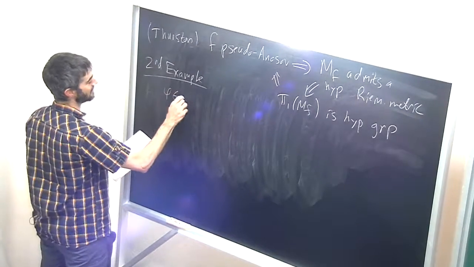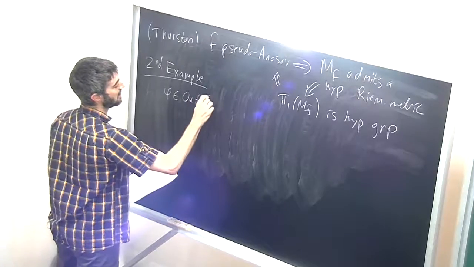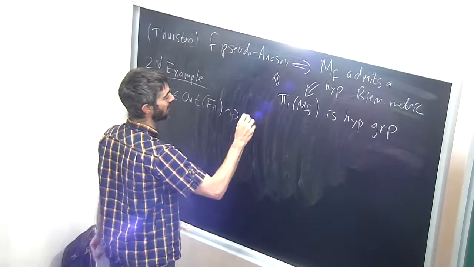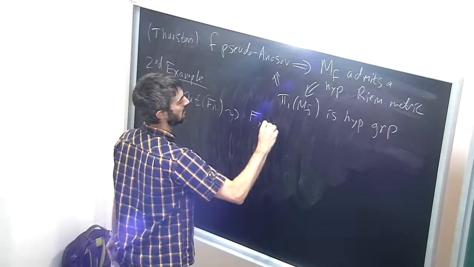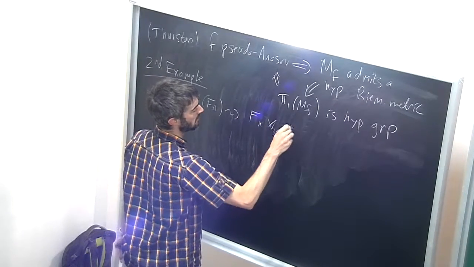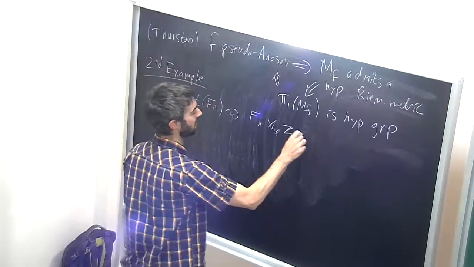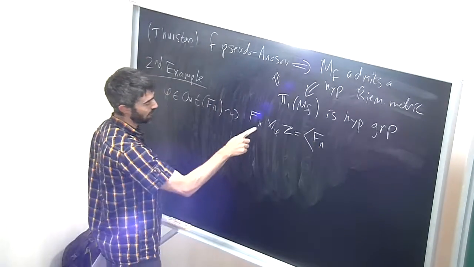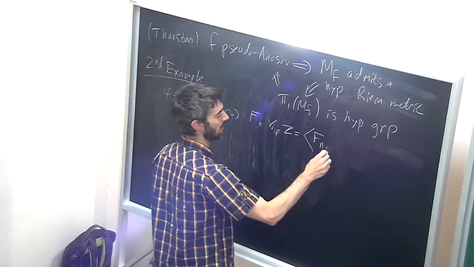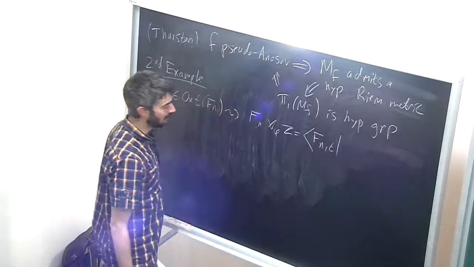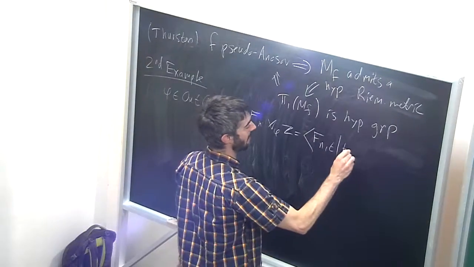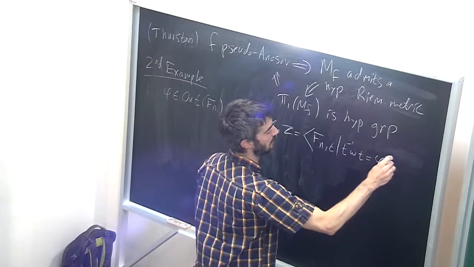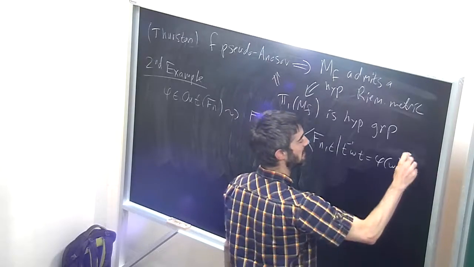Okay, so here let's take an element of Out(F_n), and from that I can build a semi-direct product, just to remind you how semi-direct products work. That's the group generated by F_n, and I throw in one extra letter, and then I declare that this extra letter conjugates elements of the free group according to what the automorphism does.